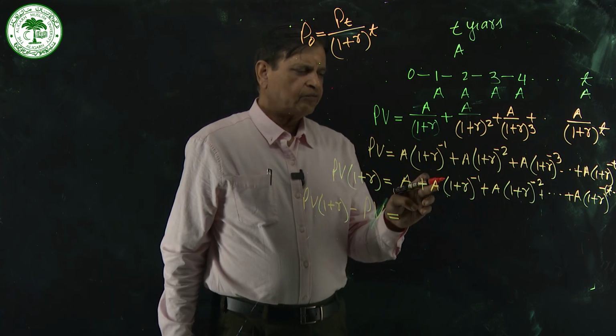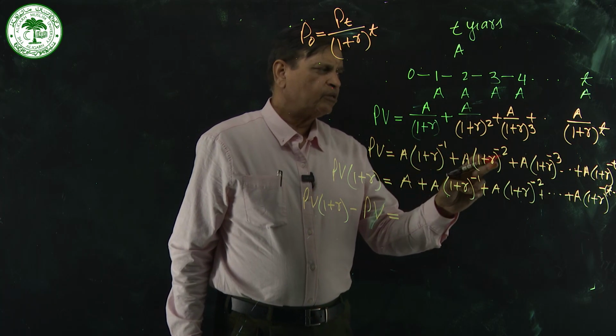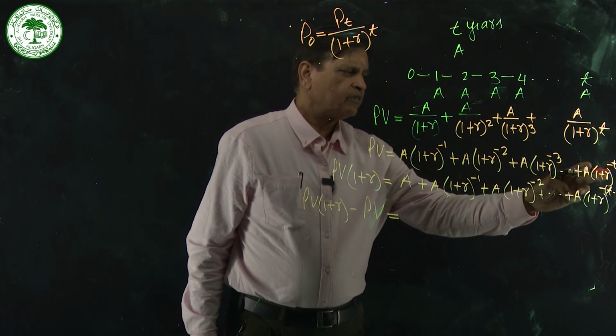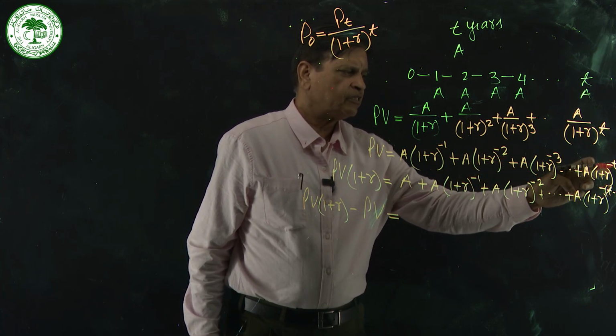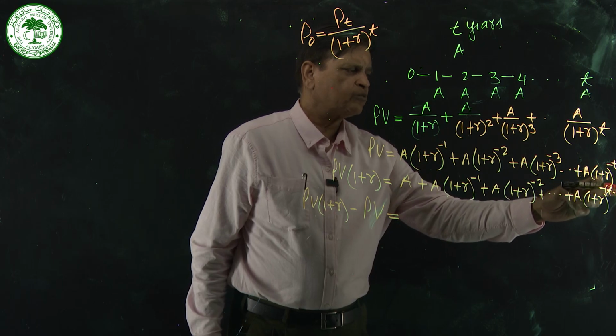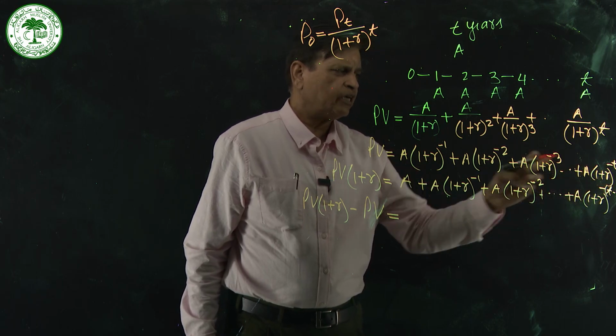You see, starting from here, all the terms up to this one get cancelled. This is (1+R)^(-T), this is (1+R)^(-(T-1)), that is one term before that.